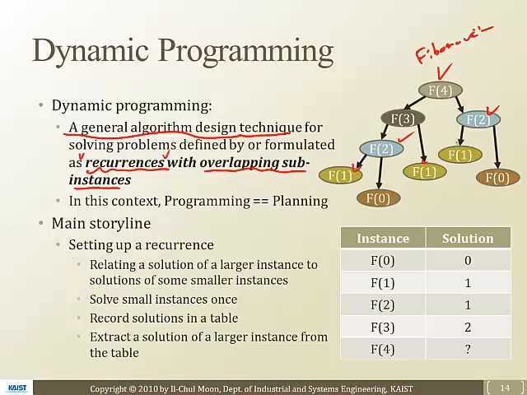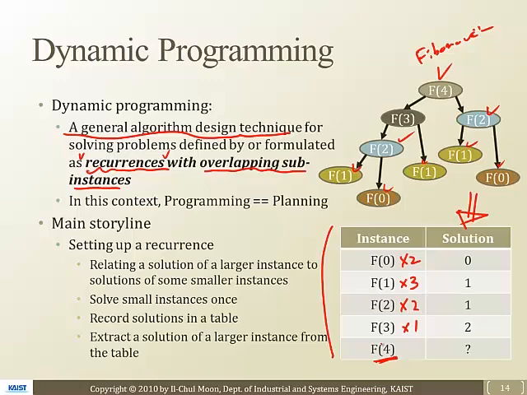And we have three F1, and we have two F0, right? And we had to call F0 two times, F1 three times, F2 two times, and F3 one time to calculate F4, right? This context matches exactly the environment of dynamic programming.